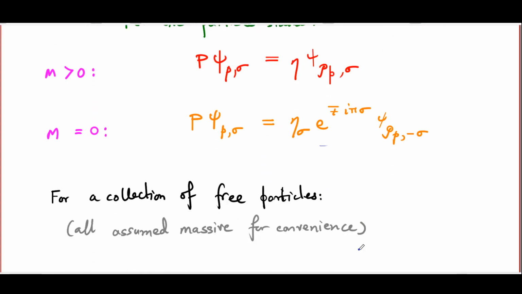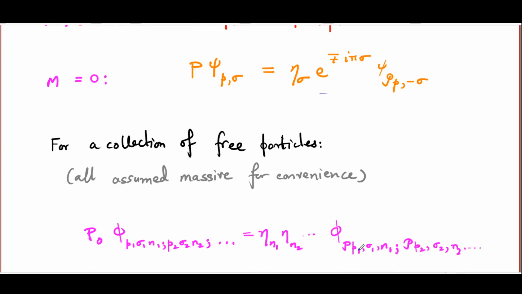Now, if you have a collection of free particles, as I have said, we will assume all of these to be massive just for convenience. Then, we expect there to be an operator P0, a unitary operator, which acting on the state phi, a multi-particle state with particle labels given by p1, sigma 1, n1, p2, sigma 2, n2, etc., will essentially produce a state phi with labels changed a bit.